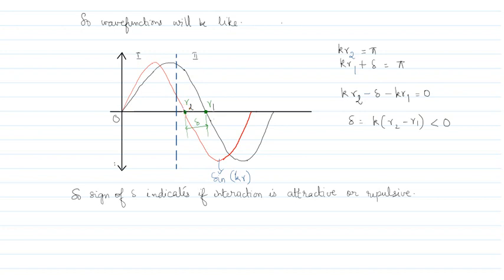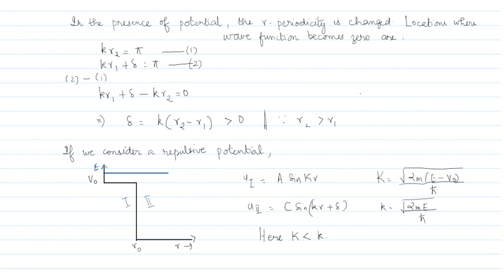Okay. And now you are plotting the wave functions in region 1 and region 2. As we said before, here capital K is less than small k.